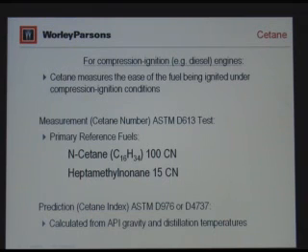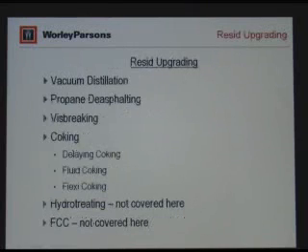And there's a standard test, and the reference fuel is, believe it or not, normal cetane, which is C16H34. That's 100 for cetane number, and this one is 15. There's also what they call a cetane index, which is a prediction method from other properties. You take the other properties, calculate out the cetane index. All right.